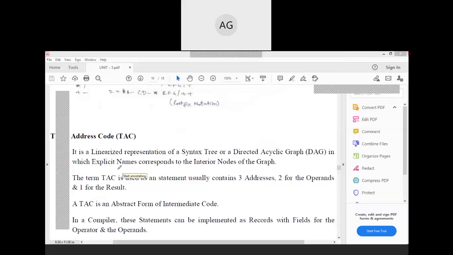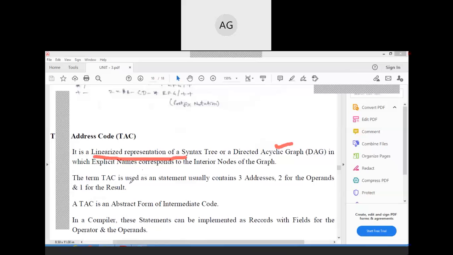The three address code is a linearized representation of a syntax tree or a directed acyclic graph. Just remember this graph, the directed acyclic graph. We are going to study this type of graph in Unit 5 in detail, in which explicit names correspond to the interior nodes of the graph.